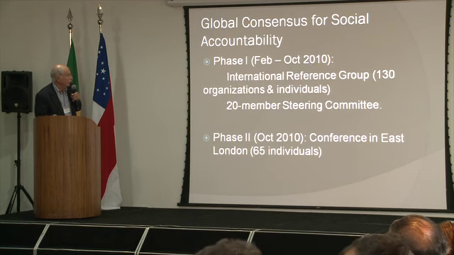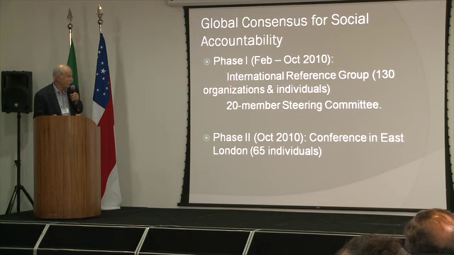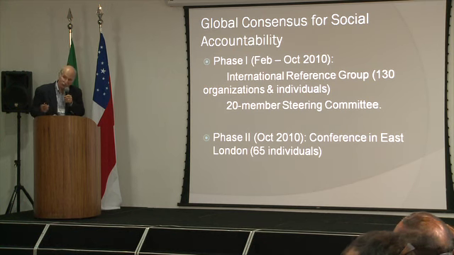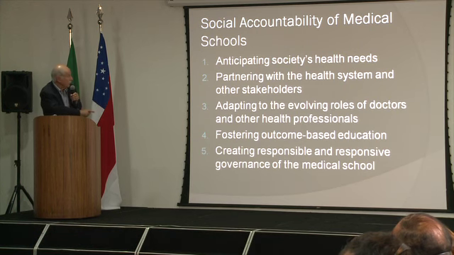They had a first phase of running through a Delphi process with 130 organizations and individuals that constituted an international reference group. They had a 20-member steering committee that reviewed the findings. They held a conference in South Africa, attended by 65 people, and came up with a document that includes 10 different criteria that one looks at in evaluating the social accountability of a medical school.